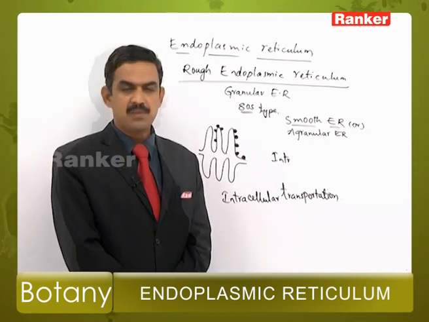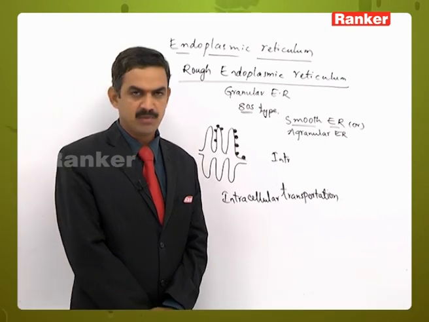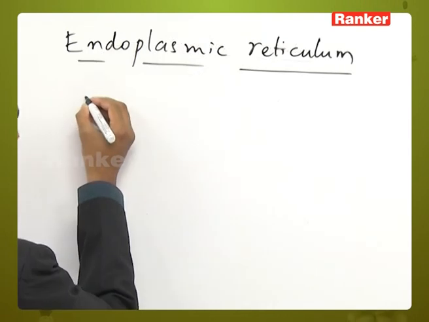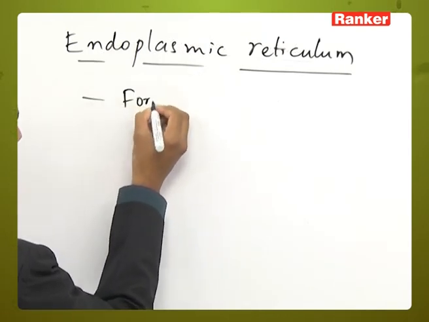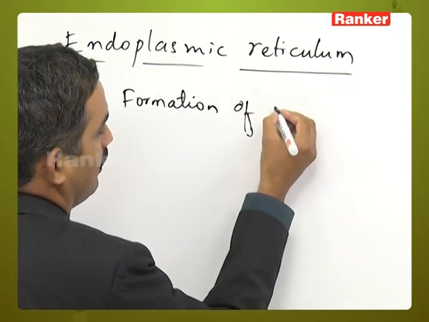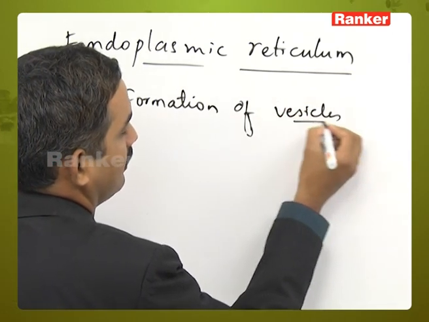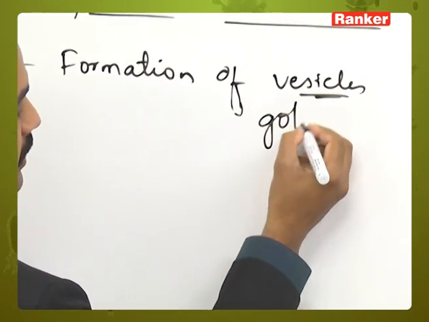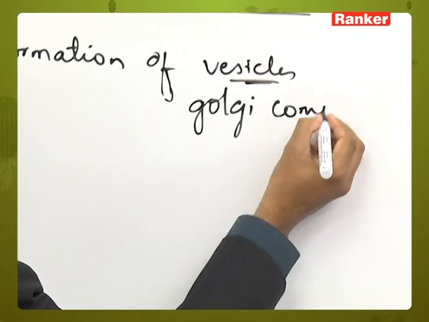Then if you see the functions of the endoplasmic reticulum, these are the structures concerned with the formation of vesicle-like structures, and also the formation of the Golgi complex.